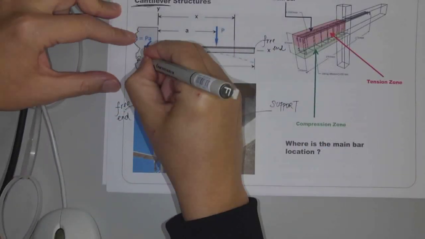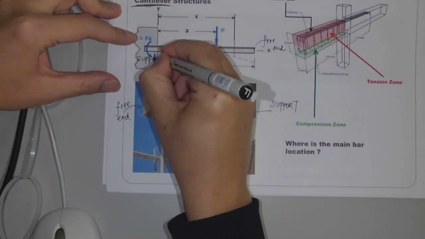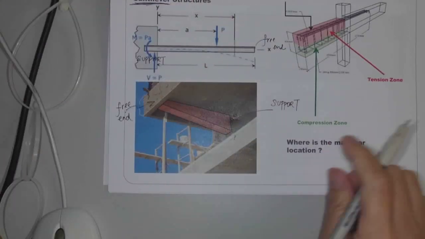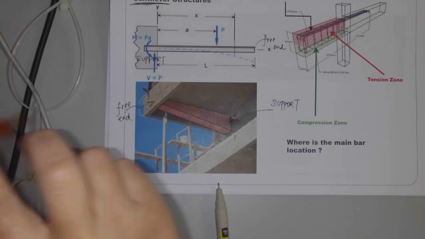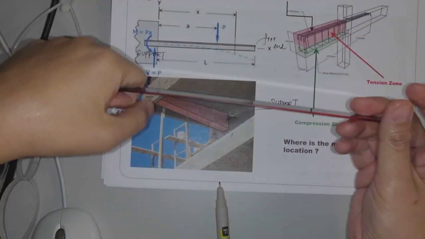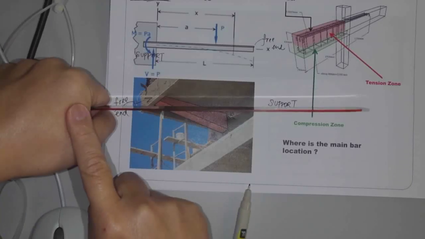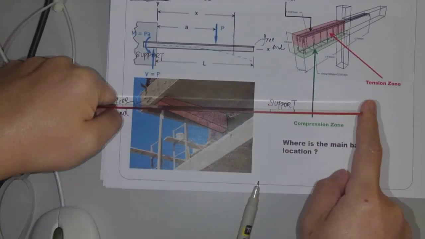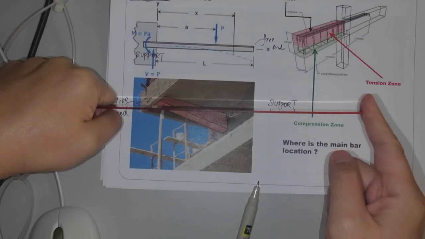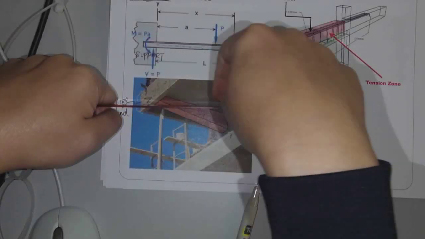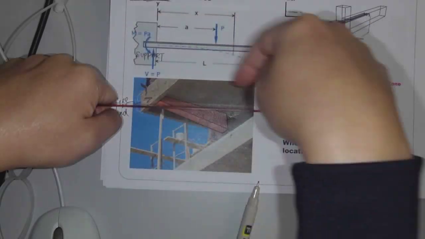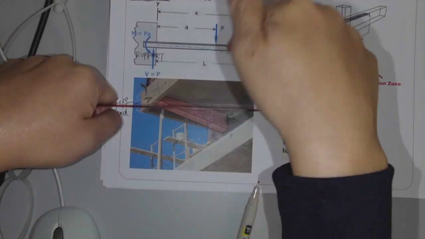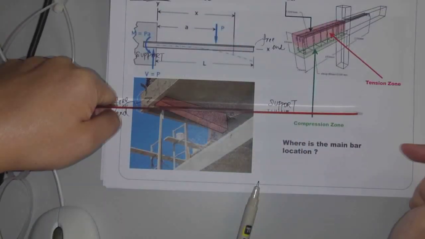That's the support end, S-U-P-P-O-R-T. And you've got some load on the beam, something like this, because it's supporting the balcony above.